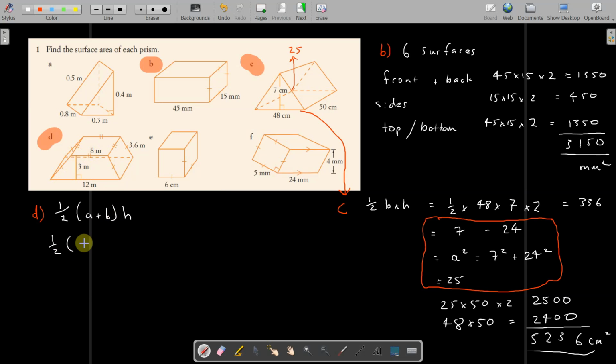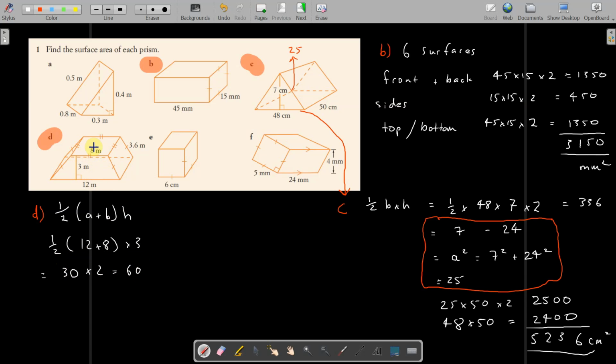So that's 12 plus 8, times the perpendicular height, which is there, 3. Okay. Half of 20 is 10. 10 times 3 is 30. That's the area of the front trapezium. Times 2 is 60.